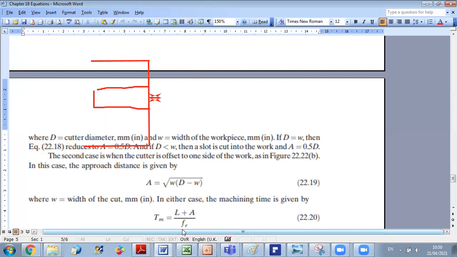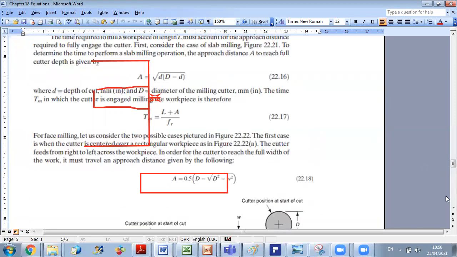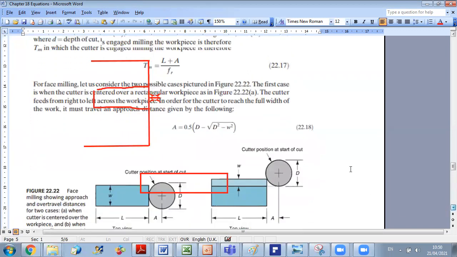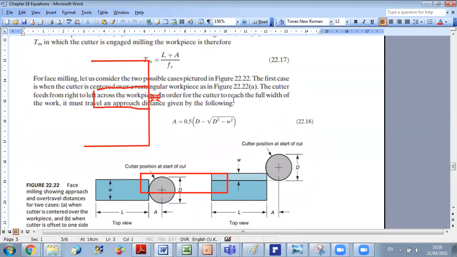Now, the second type of case is when the cutter is offset to one side of the work. So if you have the cutter offset to one side of the work, then you have a different formula also for the approach distance. As you can see here, this is the case of the second figure, which is, if you want, similar to the case we have seen in peripheral milling.